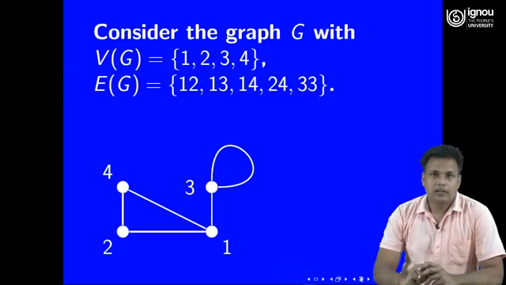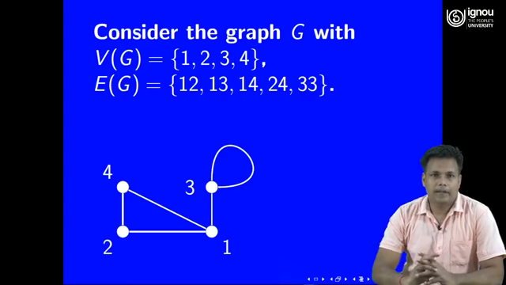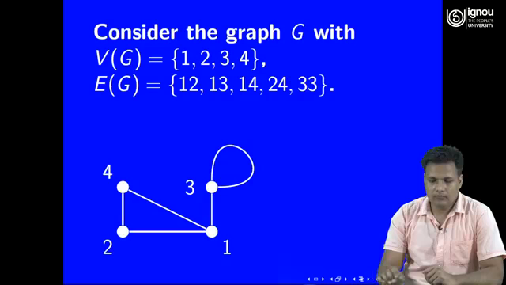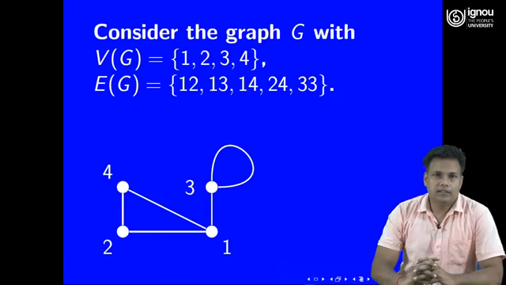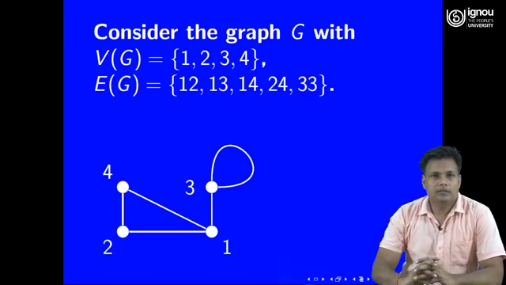For example, let's consider the graph as seen here. We have the vertex set {1, 2, 3, 4}, and the edge set consists of the elements {1,2}, {1,3}, {1,4}, {2,4}, and {3,3}. We are representing these vertices by 4 dots, as you can see, 1, 2, 3, and 4, and the edges are the lines that join corresponding endpoints.